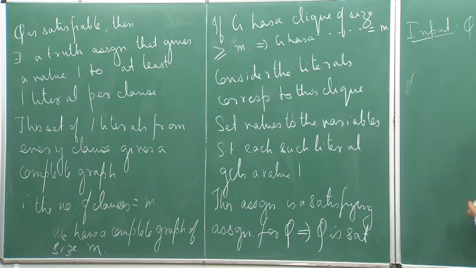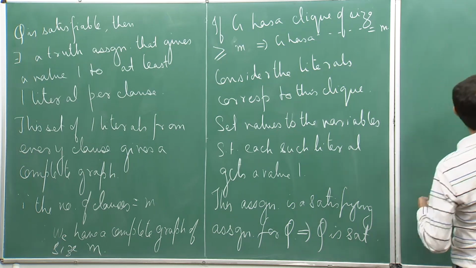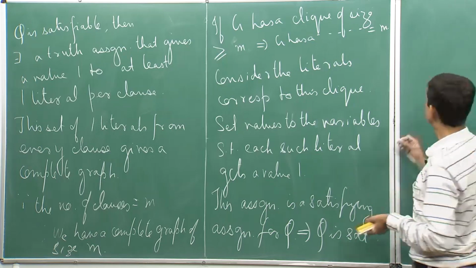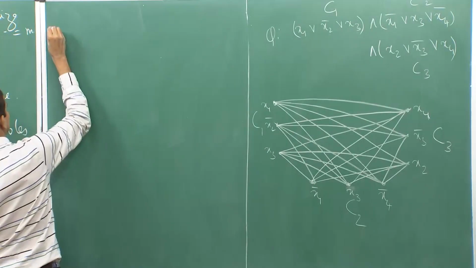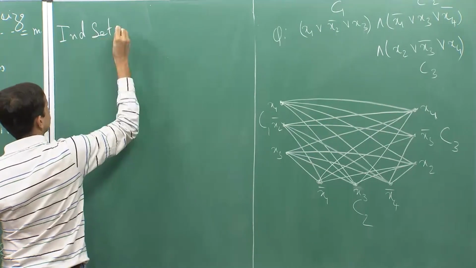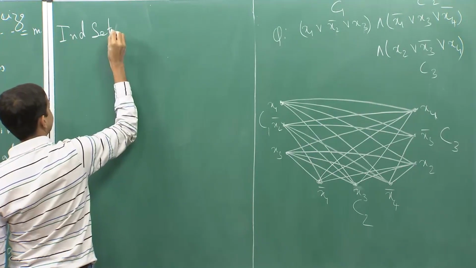Let us look at another example. So, this is a simpler reduction. This is called the independent set problem. The independent set problem is defined as follows.